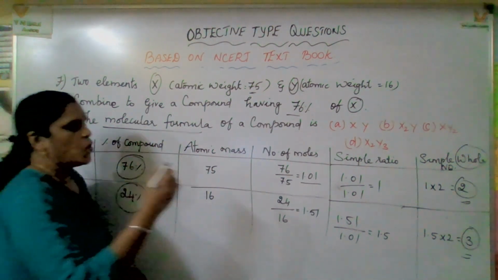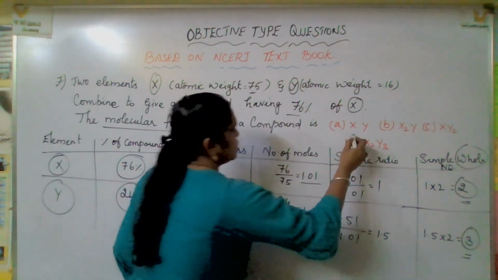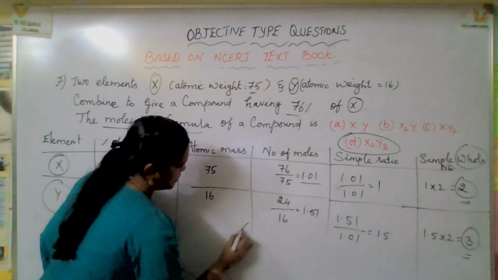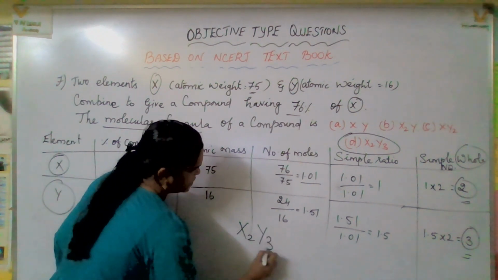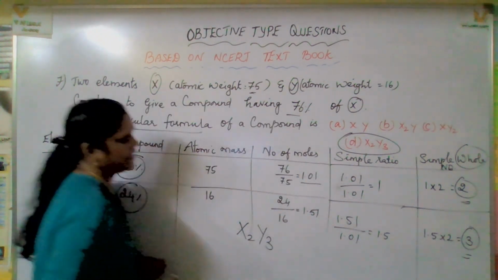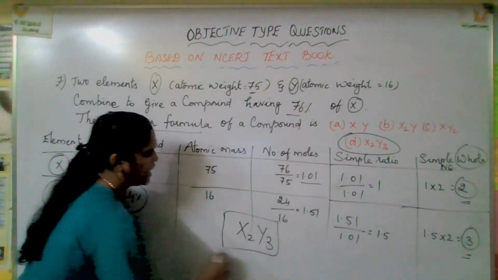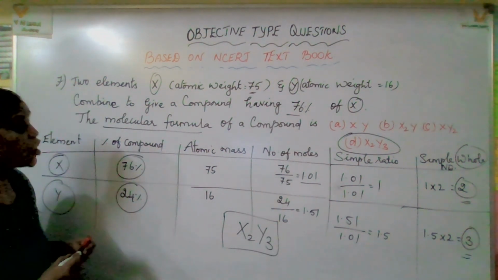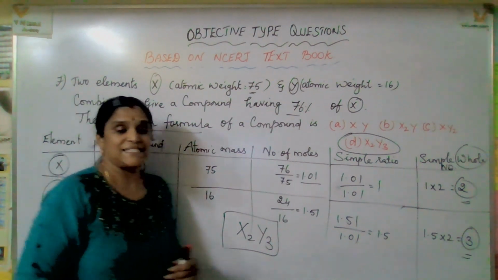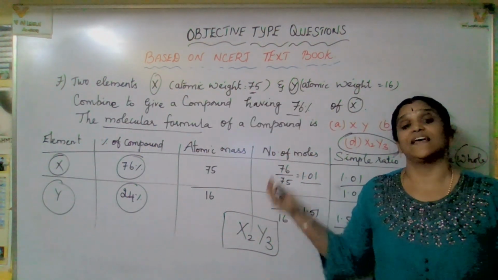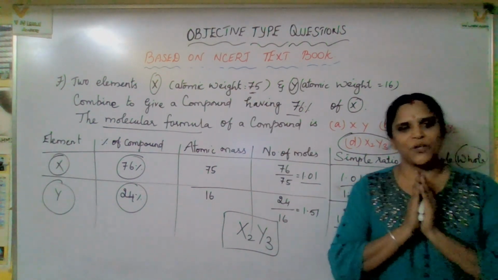So what option will you provide? The option is D, X2Y3. Here X belongs here, and Y. I hope you got a clear idea how to go and solve these problems. Let us analyze some more important questions in our next session. Thank you for watching.